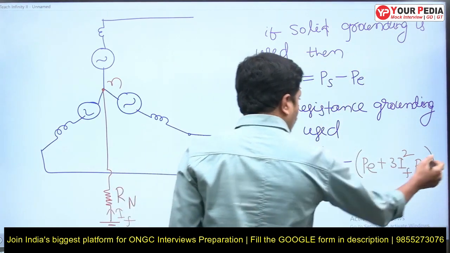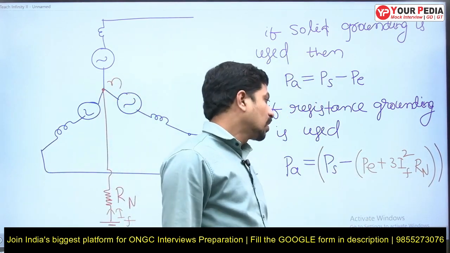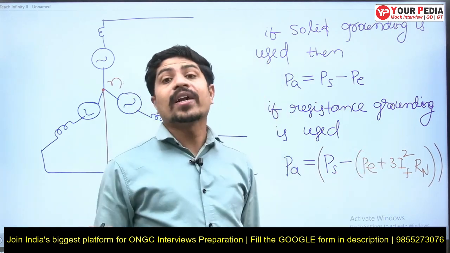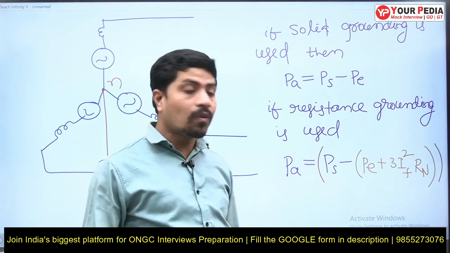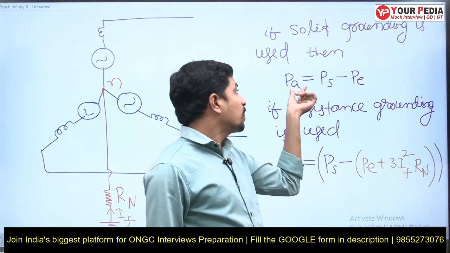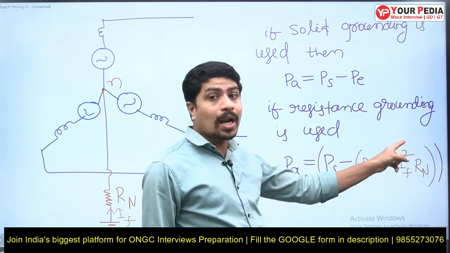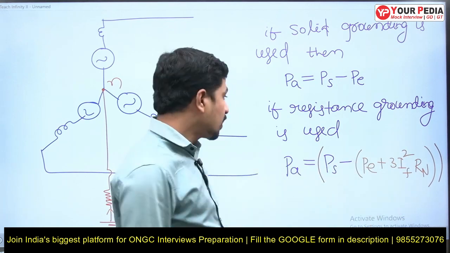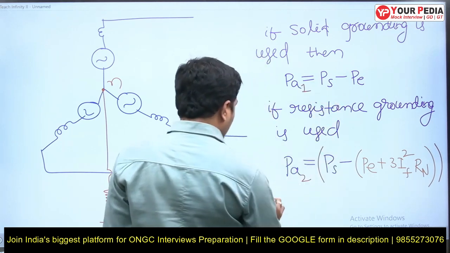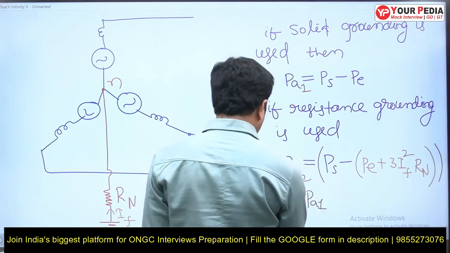For a 3-phase short circuit fault, the current flowing through ground is equal to 0. If I take an LLG fault, line to ground fault, the PE will be very, very small. Neglect it, take it as 0. Here what is PA? PS minus 3 IF square Rn. I'll call this one PA2 and this one PA1. PA2 will be less than PA1.